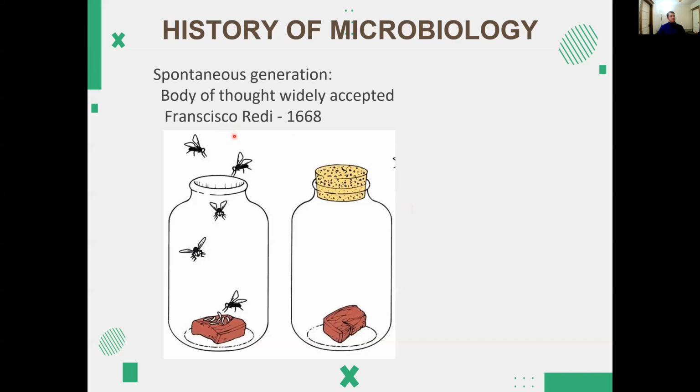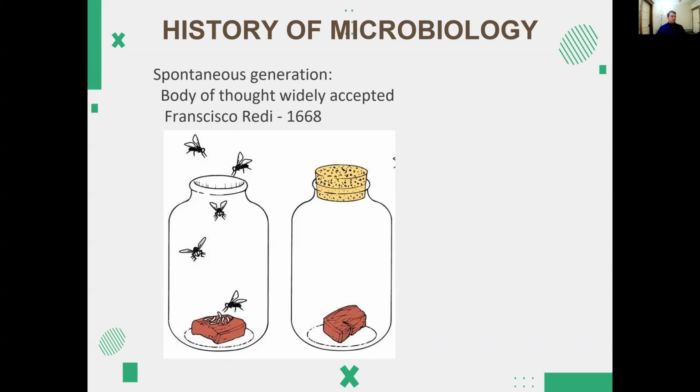Francesco Redi initially conducted experiments using two jars where he would place meat in both, and then close one off and leave the other one open. And then after a few days, he saw, oh, wow, there are only maggots on the open jar. But then people said, no, that doesn't disprove spontaneous generation, because spontaneous generation requires fresh air.